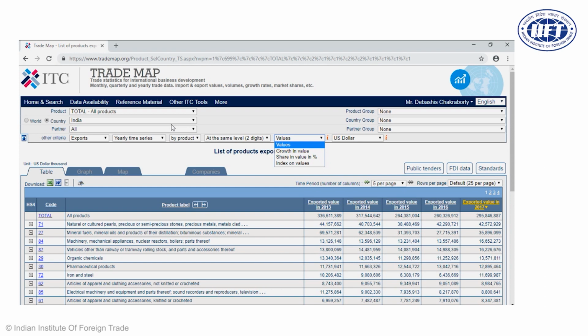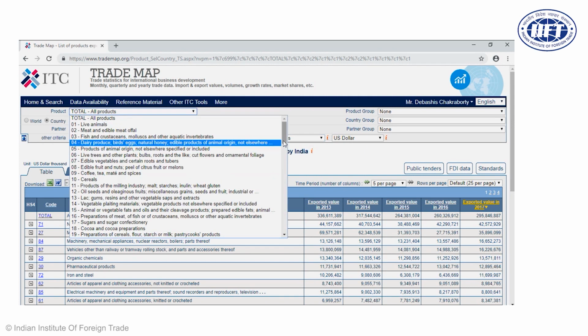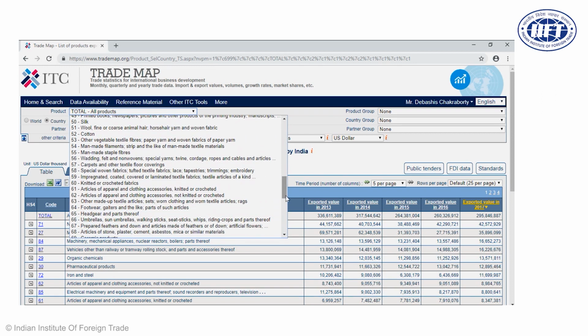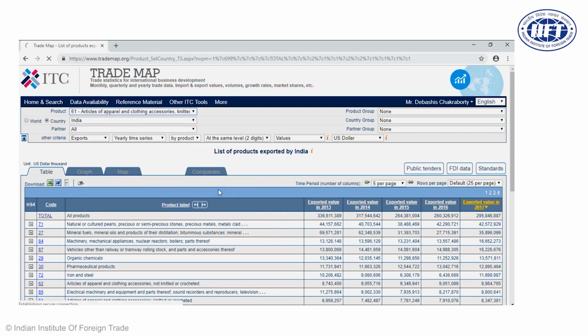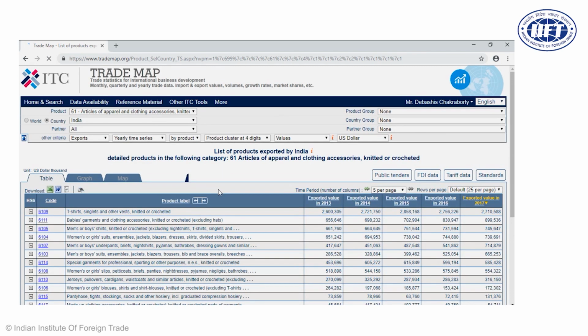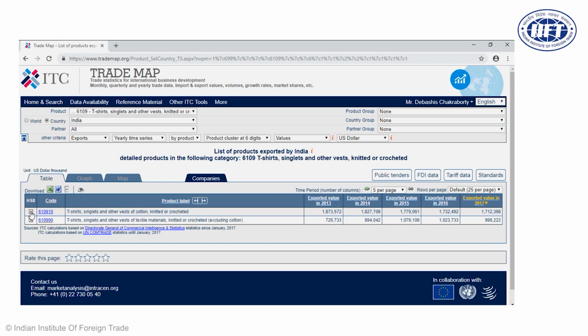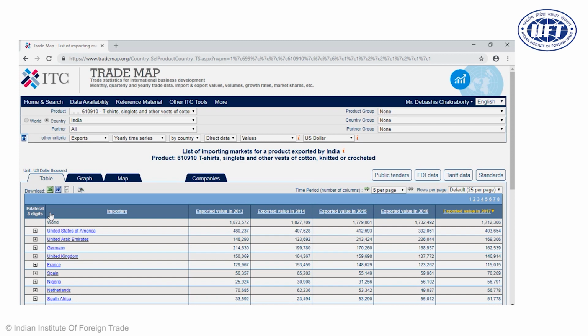Suppose we take one particular garment product as an example. We click on HS 61 where apparel and garments are there. 6109 is one of the major traded products. We can click on 6109 and we see 610910 is one of the important exports from India. So we click on this particular product. The rule of thumb, please remember: if we click on the plus, it gives you up to the next HS classification level.